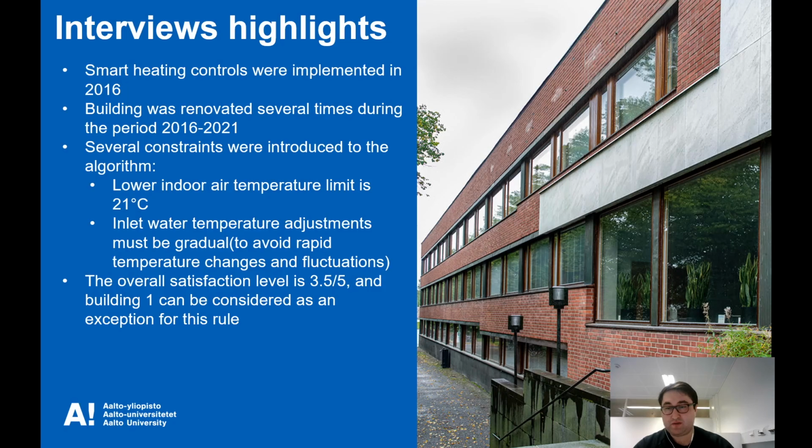For example, it can't let the temperature go lower than 21 degrees, and also water temperature changes must be gradual to avoid rapid temperature spikes and draught. Also, company representatives claim that overall satisfaction levels are higher than average, about 3.5 out of 5, and building 1 is spoiling the stats.